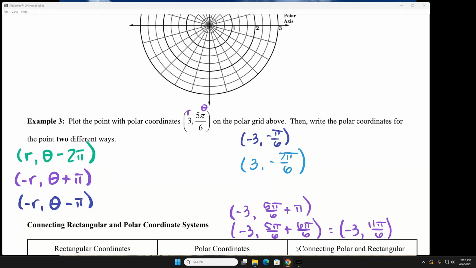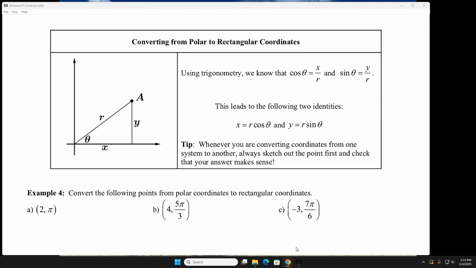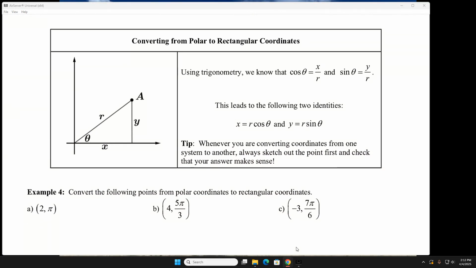All right. I know there's a whole lot that we're learning in this one lesson today, but one of the things we're going to do is go from rectangular coordinates, which use x and y's, and change to polar coordinates, which use r's and thetas. All right, so to do that, we're going to use some old trigonometry rules that we know.